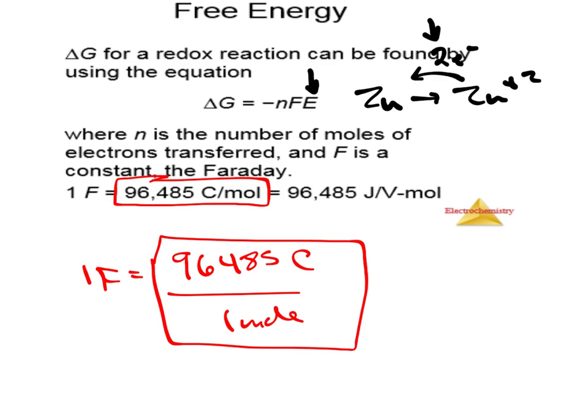Okay. Where n is the number of moles of electrons transferred and F is the constant, the Faraday. 1 Faraday is 96,485 coulombs per mole, or 96,485 joules per volt mole. Okay, that's a number you're going to have.